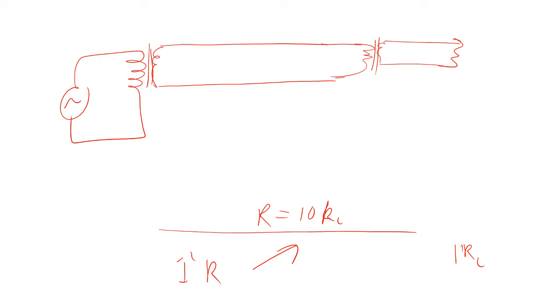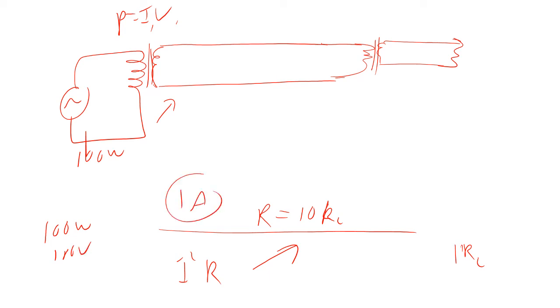But power equals IV. So if you increase the voltage, you decrease the current for the same power. So in other words, you might have 100 watts. If you have 100 watts at 100 volts, that's going to be 1 amp, and the 1 amp is both in the wires and in the load.